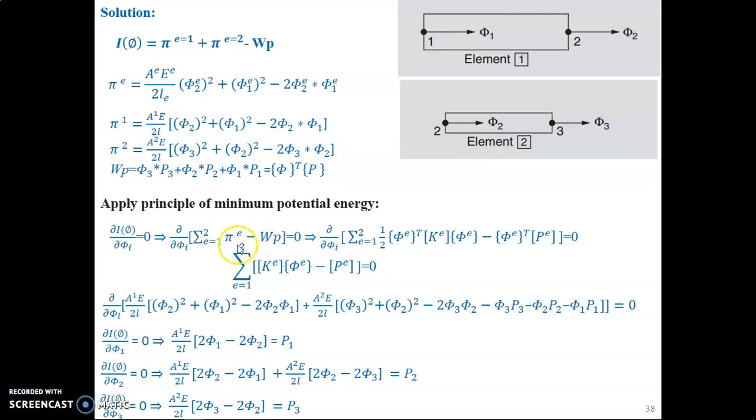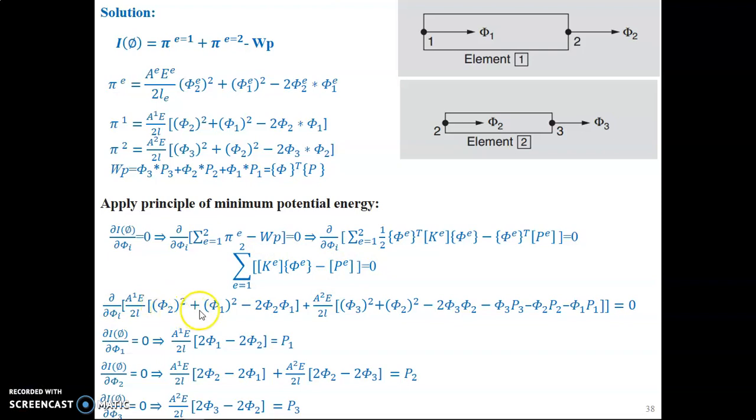This equation will represent the summation of the potential energy for the first element and the second element, minus the work done by the external forces. When we perform the differentiation of these expressions with respect to this displacement, we will finally get this expression in the vector form.